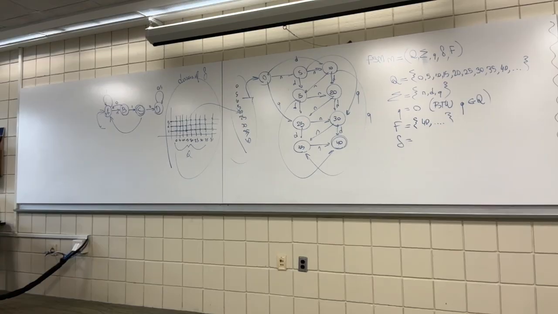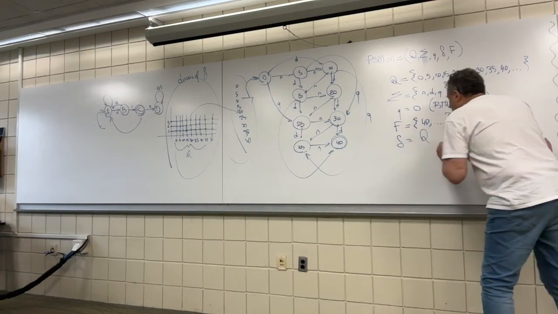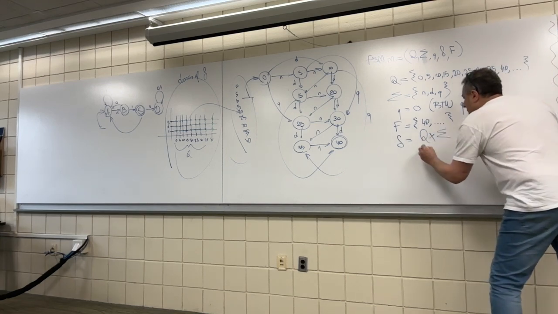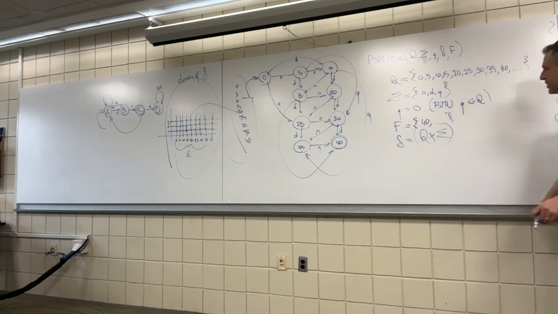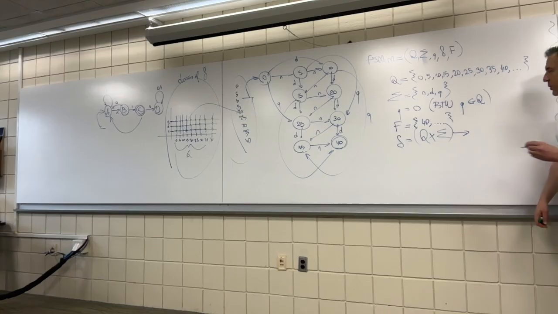Yeah. Would the delta be from Q times sigma to Q, like the Cartesian product? Yeah, excellent. So basically the Cartesian product of the states and the input symbols, that's the domain type, and it takes you to Q.